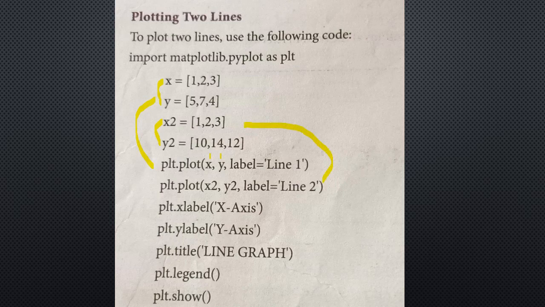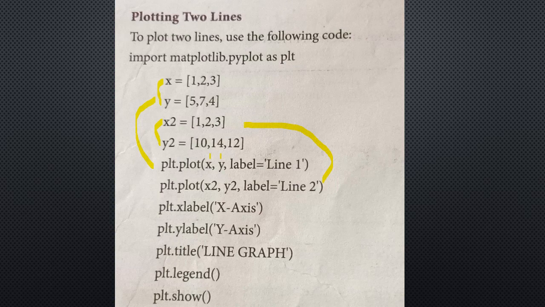Okay, can all of you understand? plt.plot(x, y, label="line 1"), and then plt.plot(x2, y2, label="line 2") is the second line. I give the x-axis and y-axis as usual, and the line graph.